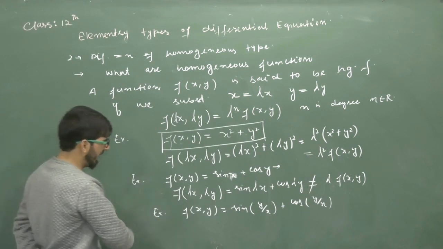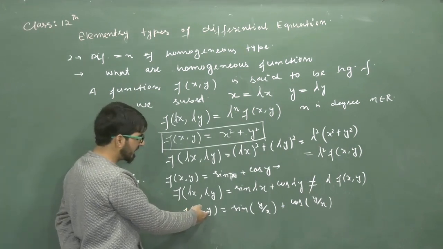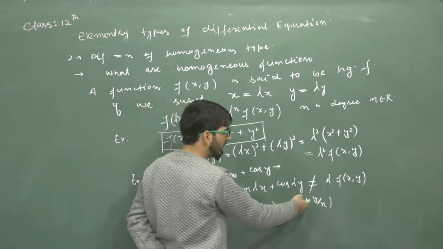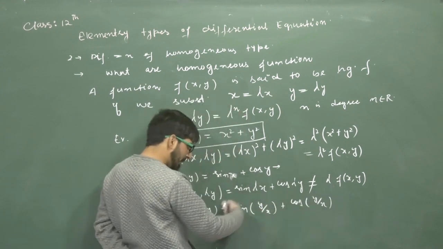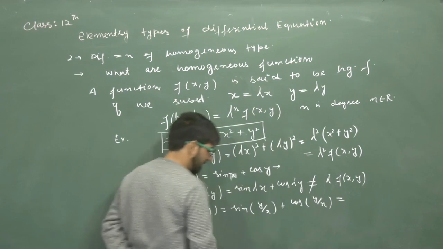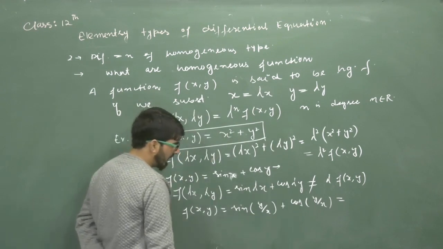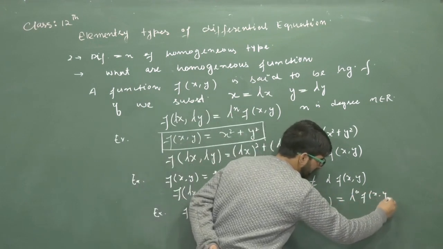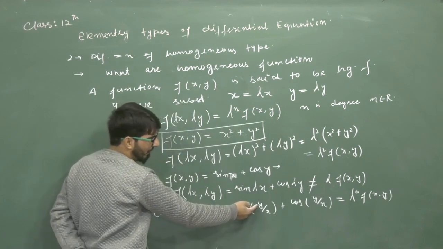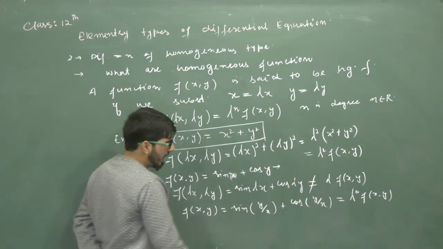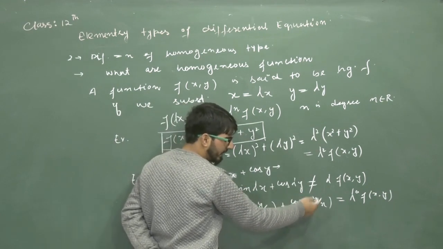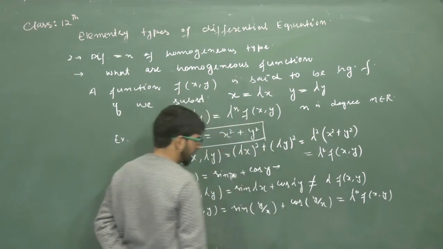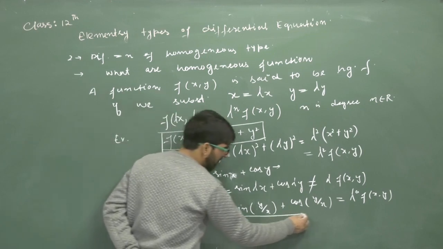You can try here: if we substitute x by lambda x and y by lambda y, we get sin of lambda y by lambda x plus cos of lambda y by lambda x, which is lambda power 0 f of x comma y, because lambda will be cancelled in the numerator and denominator. So this is the same as sin of y by x plus cos of y by x. Thus we can say this is a homogeneous function of degree 0.